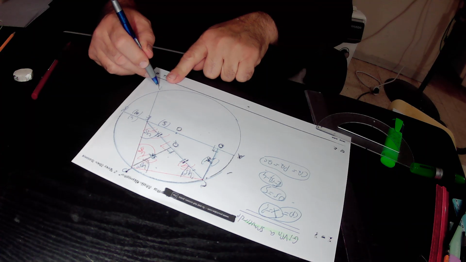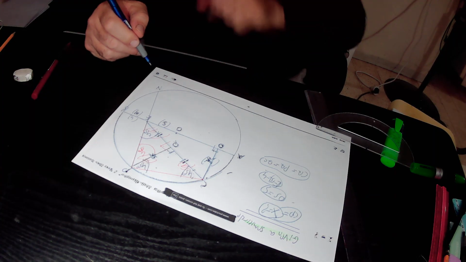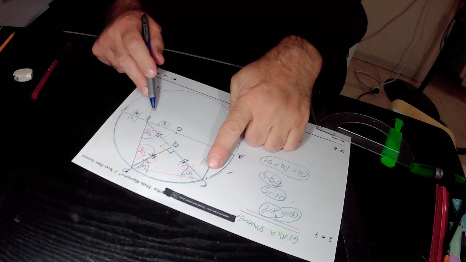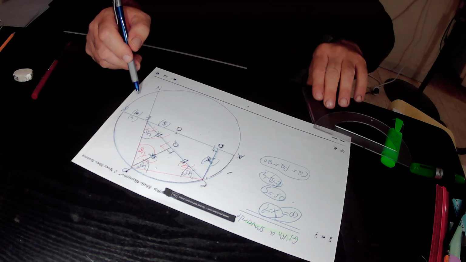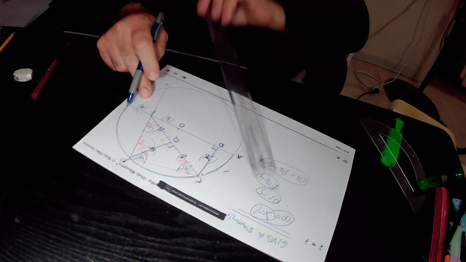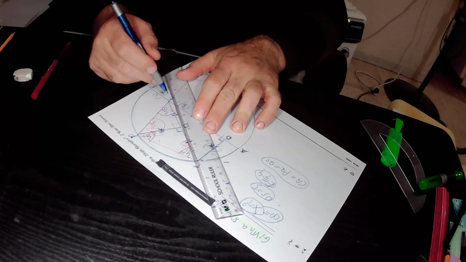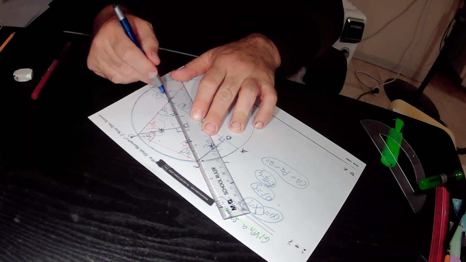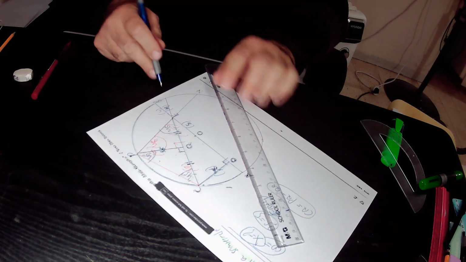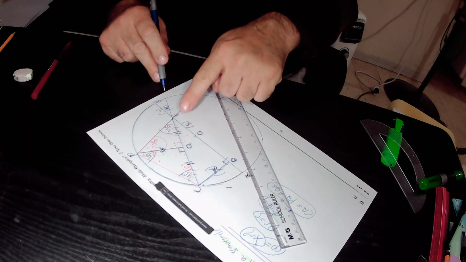Likewise, we'll extend side CE by a straight line until it touches the circle. And we'll define the touching point of the extended side CE with this circle.